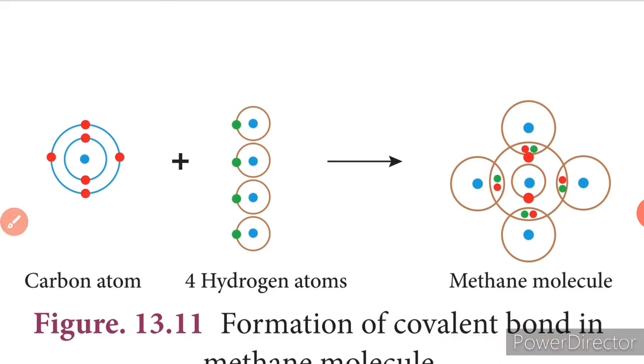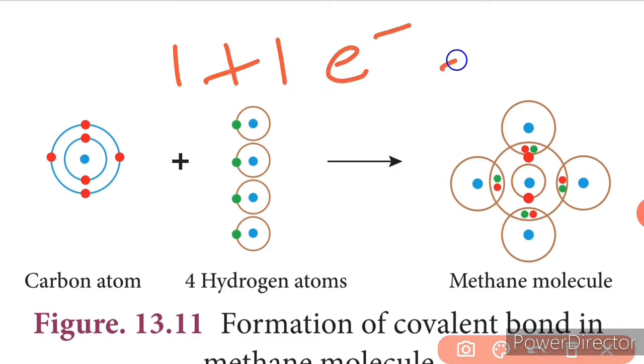Similarly, hydrogen needs 1 more electron. Each hydrogen contains 1 electron in its outermost shell, so it needs 1 more electron to attain the stable electronic configuration of 2, because the maximum number of electrons that can occupy the K shell is 2. Here I cannot go for 8 electrons because it has only one shell, that is the K shell.